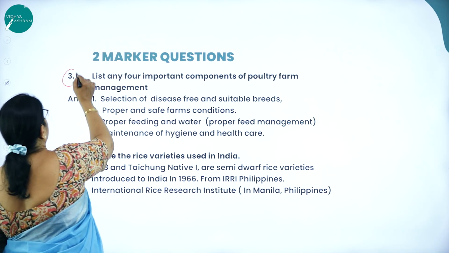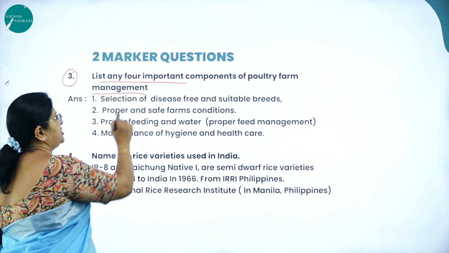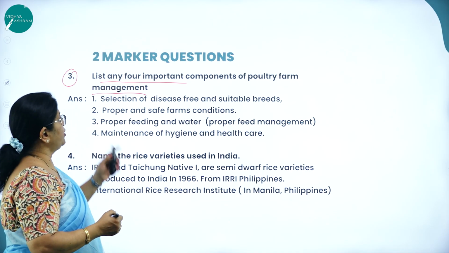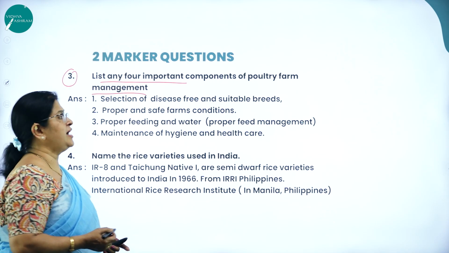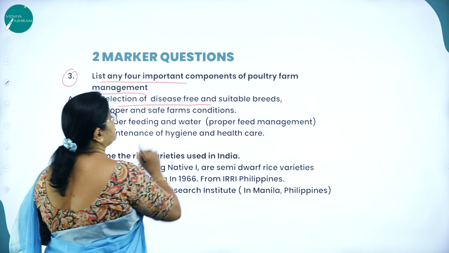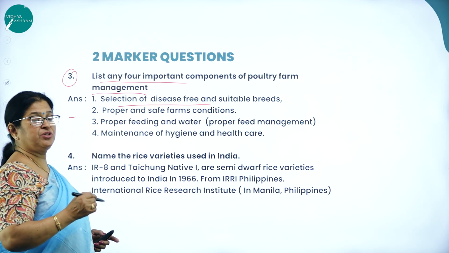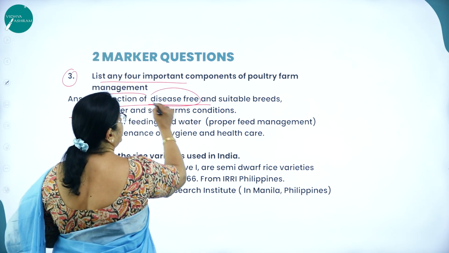Next, question number 3. List any 4 important components of poultry farm management. What are the important things we need to bear in mind while going for poultry farm management, which is an extended form of animal husbandry? Selection of disease-free and suitable breeds is very important. Going for a poultry farm, we should select the fowls or birds in such a way that they are disease-free breeds.